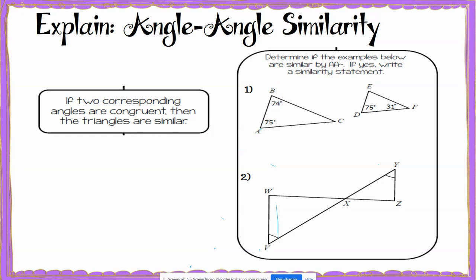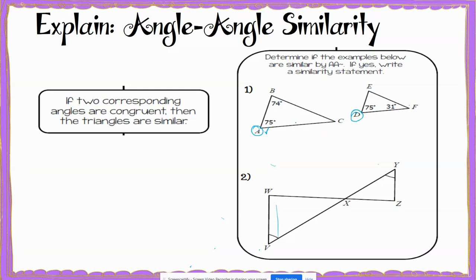You see that you have triangle ABC, and it looks like it has been reduced to create triangle DEF. If these are similar, then that means that two corresponding angles will be congruent. So when I look at angle A, I see that angle A is 75 degrees. When I look at triangle DEF, I see that A and D would be in the same position.